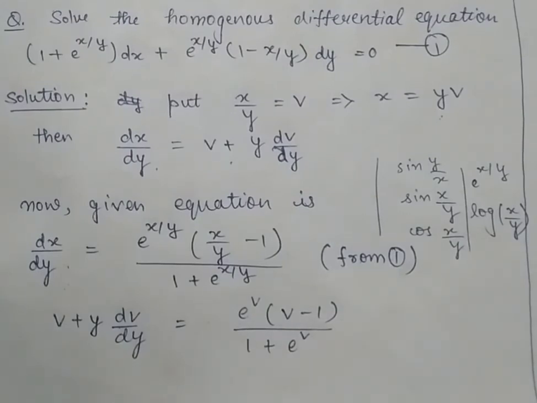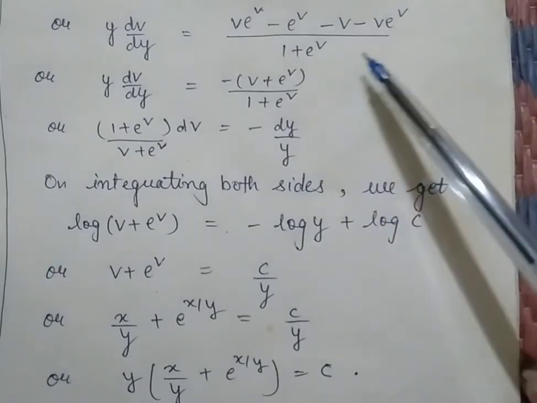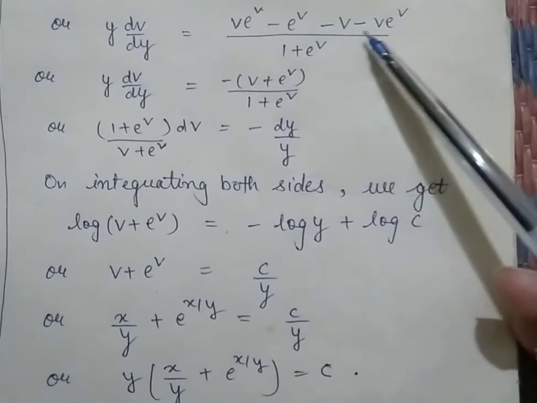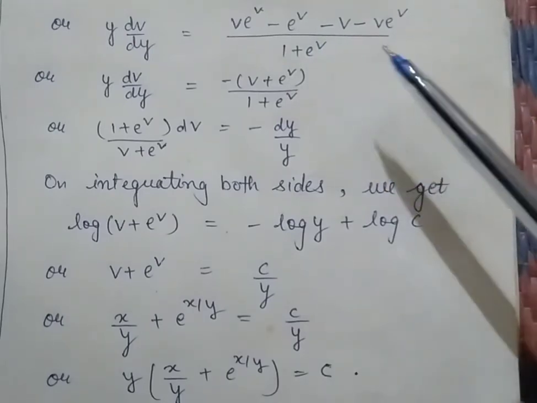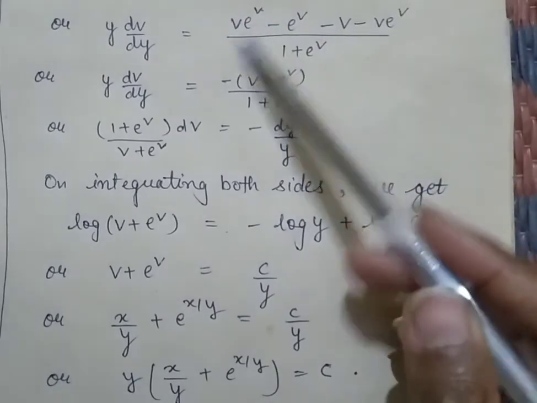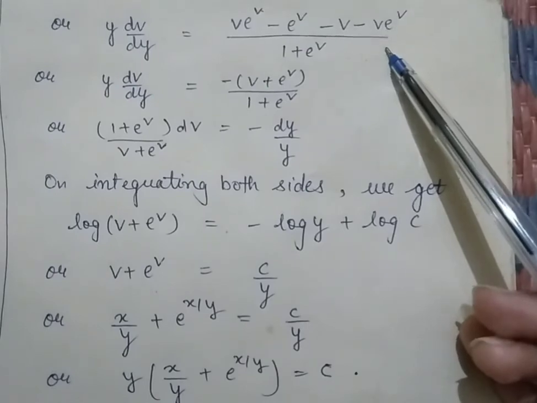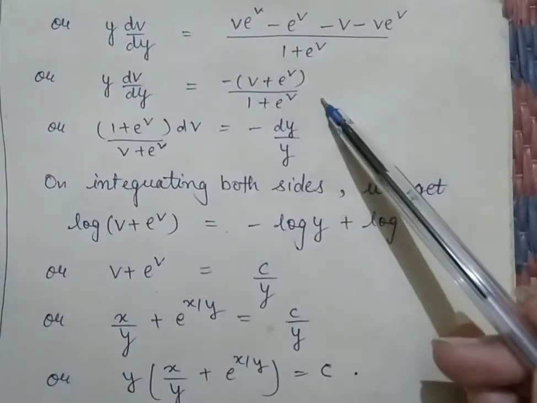Now we take v on the right hand side and then simplify by taking LCM. So we have y dv by dy equal to v e raised to the power v minus v minus v e raised to the power v upon 1 plus e raised to the power v. Again v e raised to the power v and v e raised to the power v will cancel out, and I am left with minus (v plus e raised to the power v) divided by 1 plus e raised to the power v.